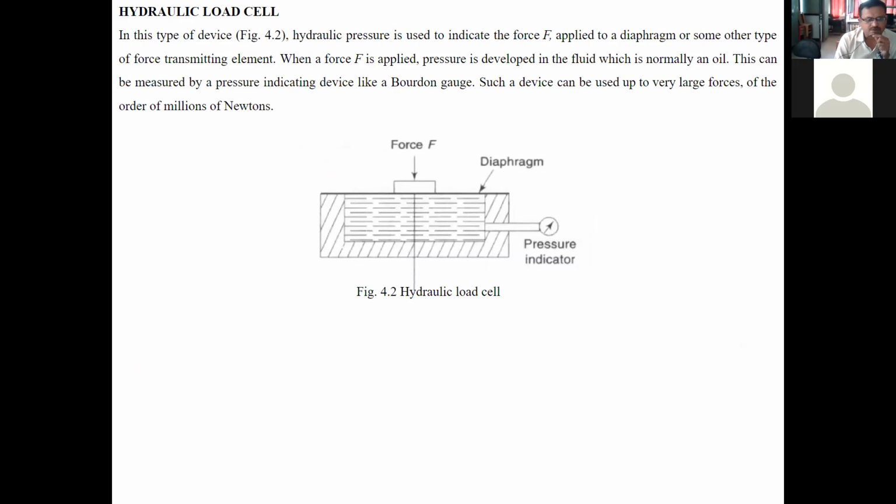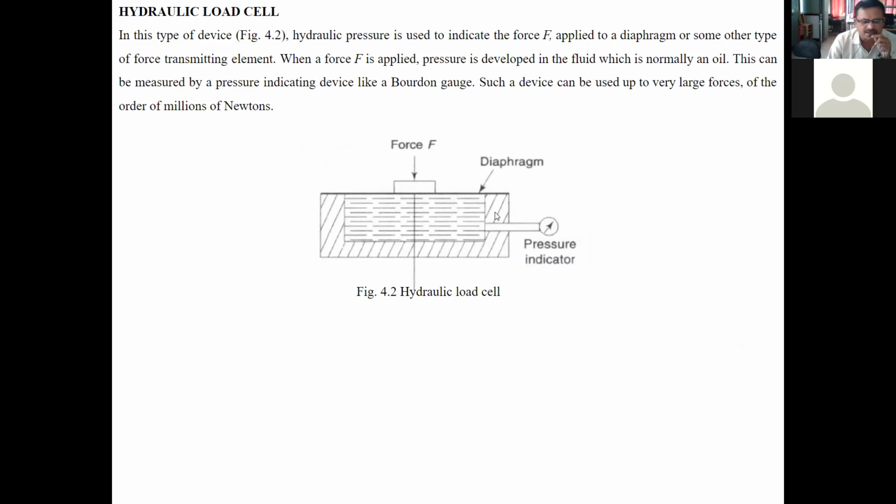Next is the hydraulic load cell. In this type of device, hydraulic pressure is used to indicate the force F applied to a diaphragm or some other type of force transmitting element. See that this is one cylinder, or maybe a rectangular box, and in that this hydraulic fluid is there.